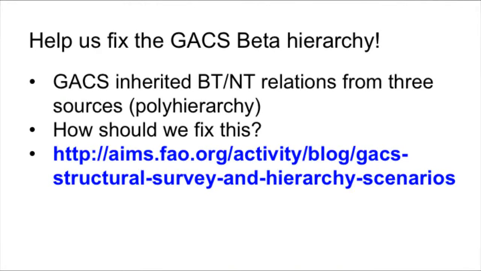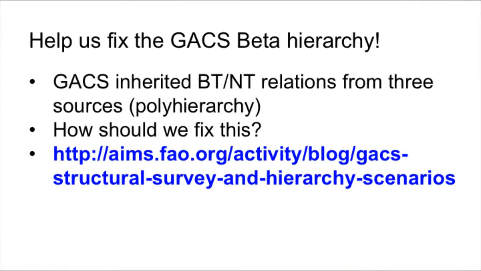GACS inherited broader and narrower relations from the three thesauri. The word for this is polyhierarchy. Some polyhierarchy is not a bad thing, but there is probably too much in GACS. So we want to clarify the situation and fix it. And we posted a survey.